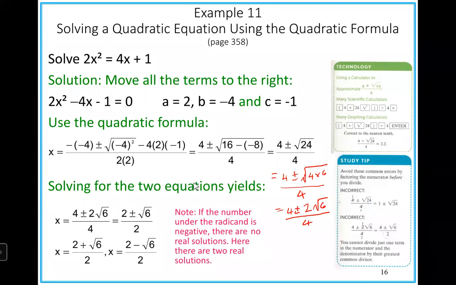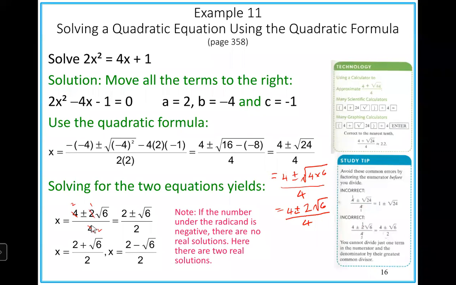And now if you're trying to cancel, you can cancel 2 into 2. 2 into 4 is 2. 2 into 4 is 2. And 2 into this is 1. Okay, so here what they're trying to show you, you can do canceling, but you can't just cancel 1 at the bottom and 1 at the top like they did in these 2 examples.